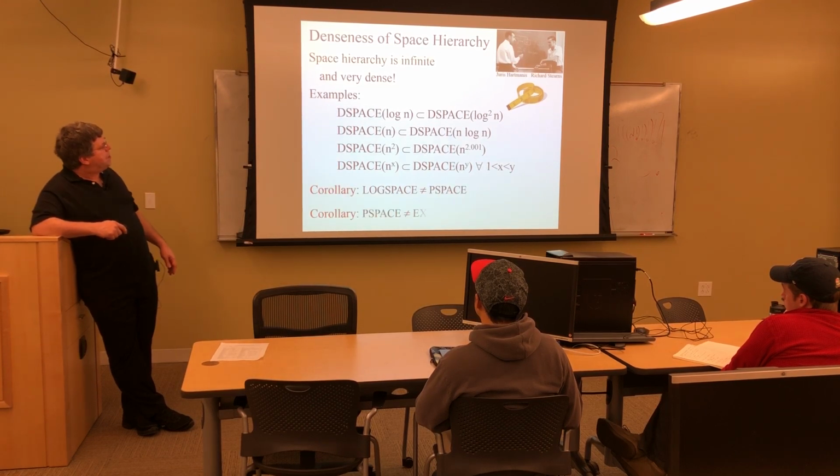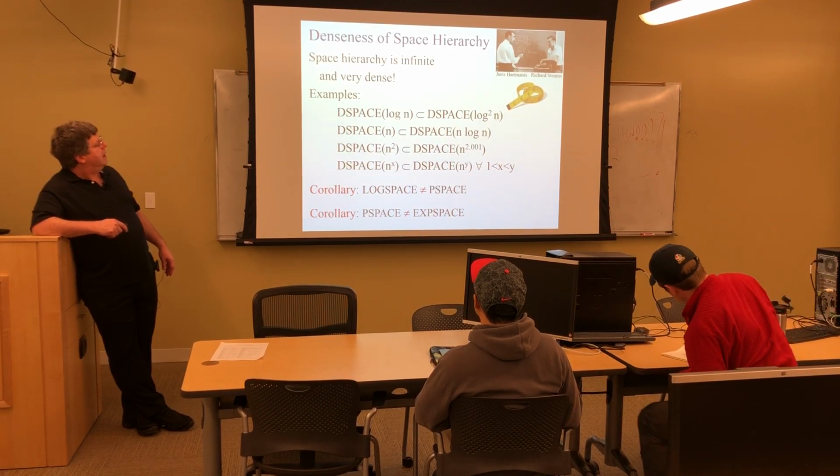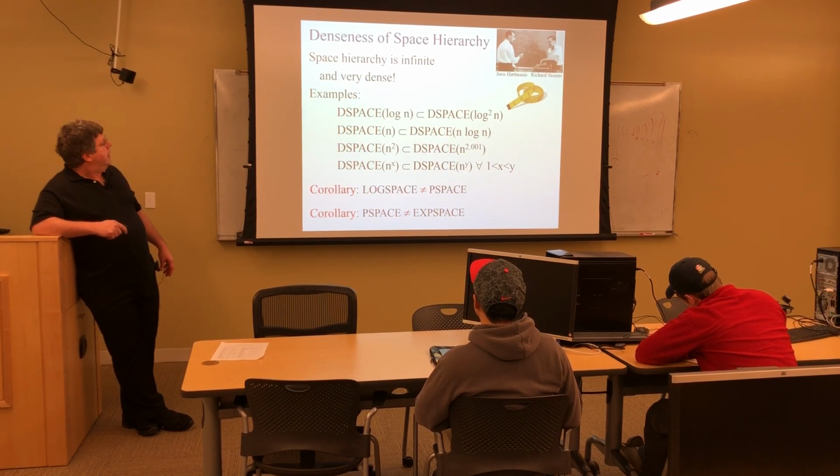For example, log space is contained in log squared space, and that's a proper containment. It's no longer a subset where equality is optional. Equality here is not optional. Log squared space is definitely a proper superset; it does not contain just log n, but contains other things that are not in log n.